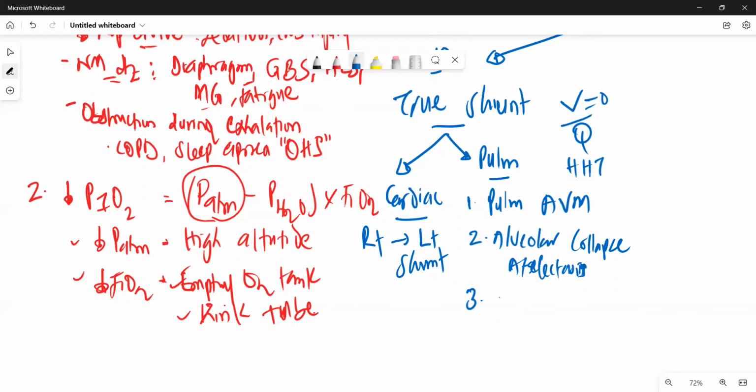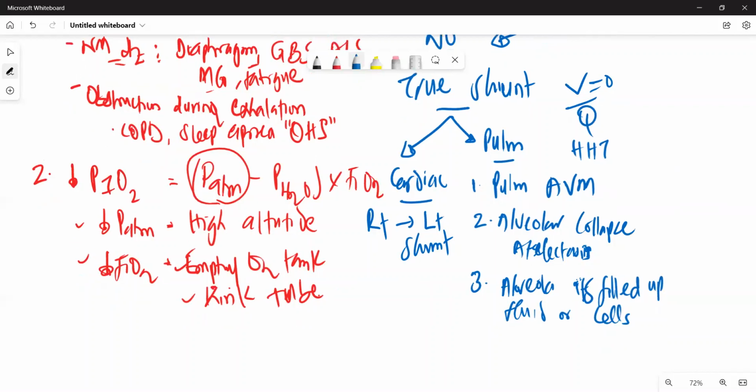Another one, the third one, will be if the alveolar is not collapsed, but the alveolar is filled up with something. So there's something filling the alveolar. Maybe the alveolar is filled up with fluid, or there are cells or debris in the alveolar.